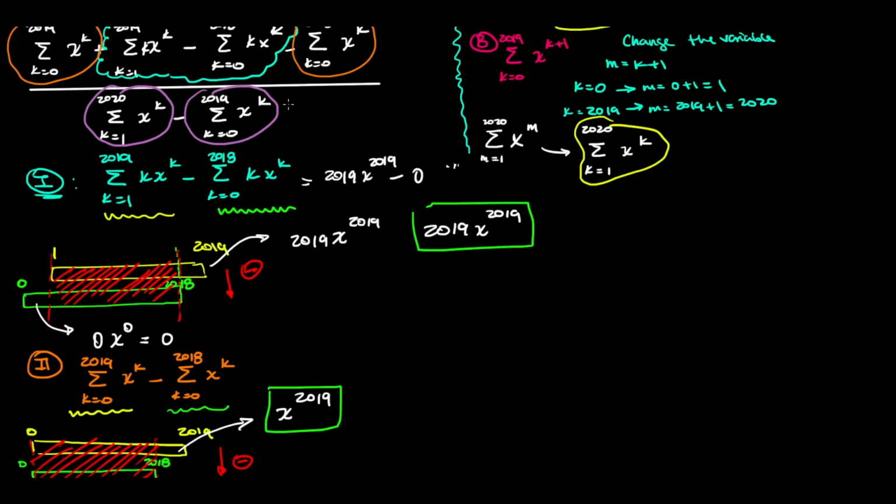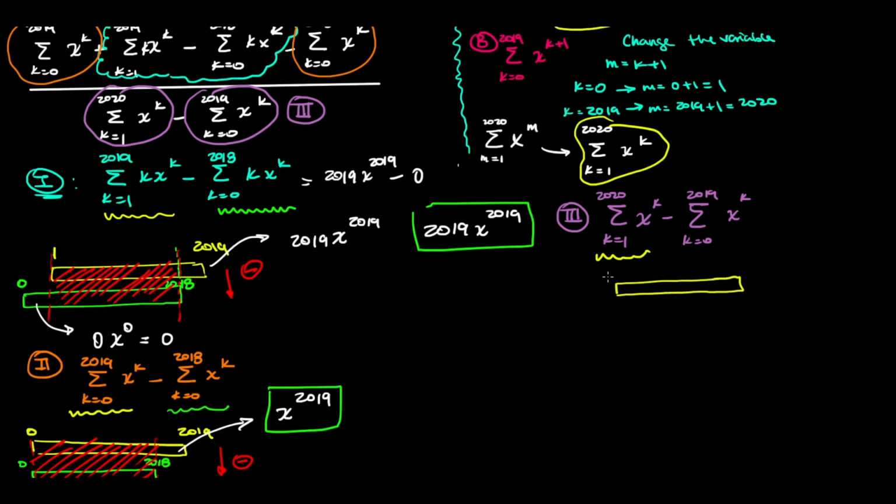And we can do the same on the bottom for this and this. I'm going to call this 3. For part 3, we have sigma notation of k equals 1 to 2020 of x to the k, minus sigma notation of k equals 0 to 2019 of x to the k. I'm going to use yellow for the first summation. We start with 1 and we end with 2020. And for the second, I'm going to use green. We start with 0 and end with 2019.